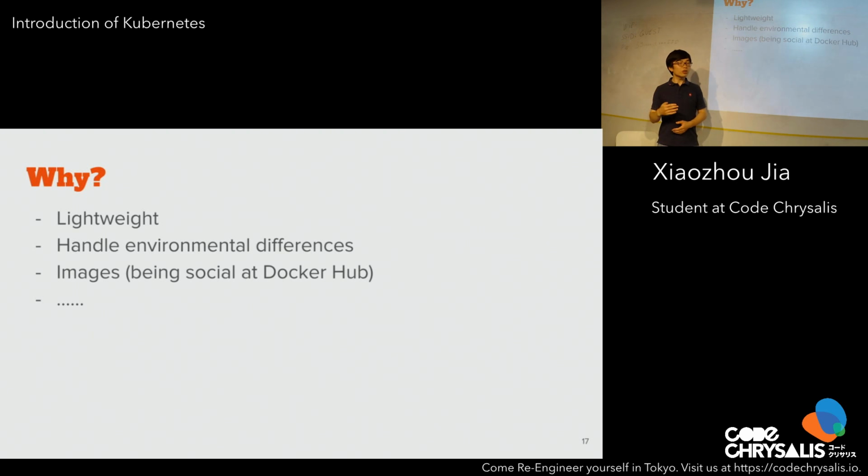So without an operating system, we will be able to have a lightweight mechanism to package things. And as virtual machines give us, containers help us provide our application a separate, independent view of hardware resources that enables us to deal with these environmental differences.